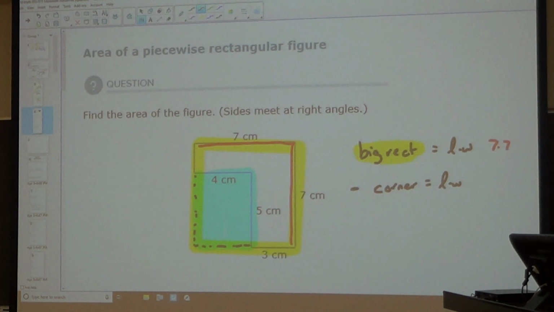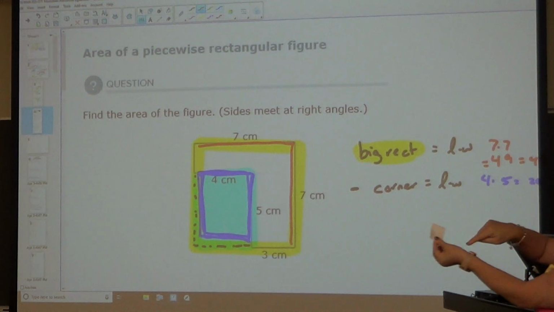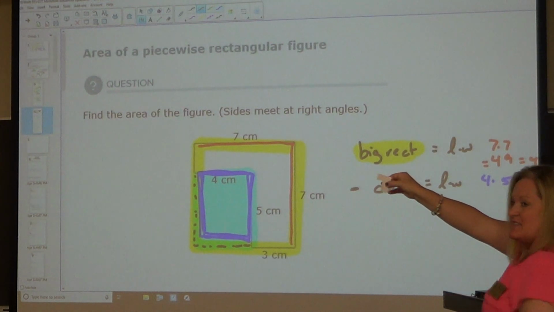So 7 times 7 is 49. Now, for the baby piece, the piece that we're cutting off, what is the length and the width? 4 by 5, which is 20. So we have 49 here, and we have 20 there. So 49 is this whole sticky note, minus the 20.